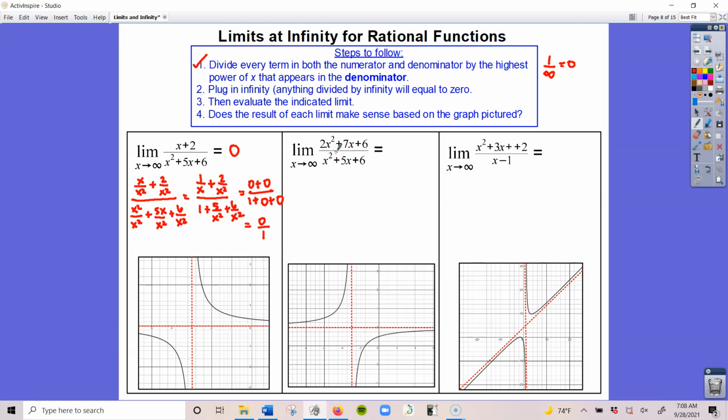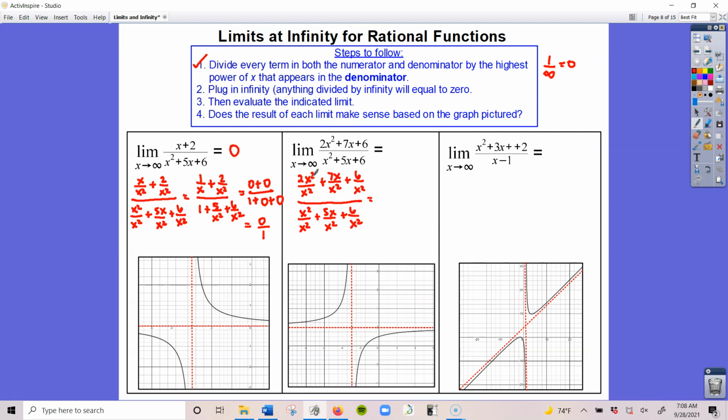Now let's try this one. I see here that the highest exponent in my denominator is x squared. So I'm going to divide everything by x squared. So we get 2x squared over x squared plus 7x over x squared plus 6 over x squared, over x squared over x squared plus 5x over x squared plus 6 over x squared.